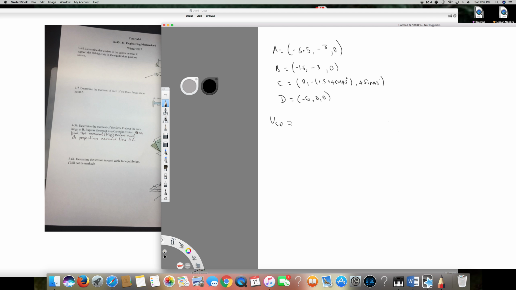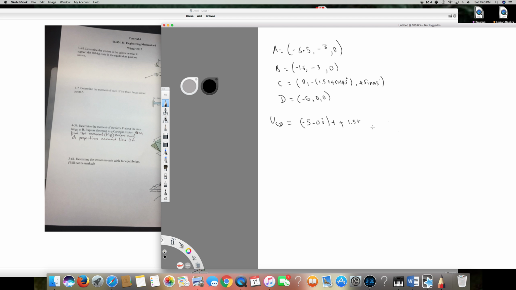UCD is equal to, D is the last one, so I have to deduct C from D. So it's going to be minus 5 minus 0 i, plus 0 minus minus, so minus minus becomes plus, 1.5 plus 4 cos 45.